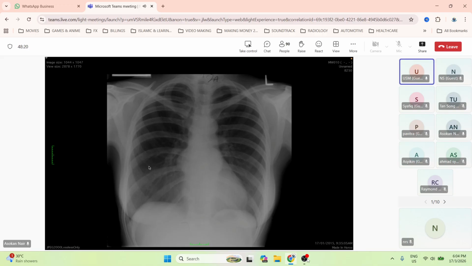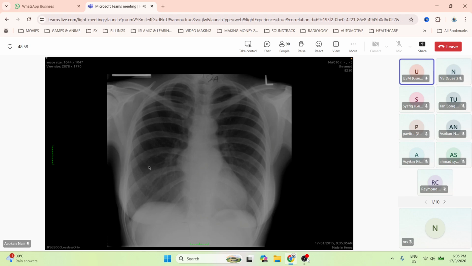There is no calcification within the lesion. The lungs bilaterally are relatively clear. There is no focal lesion within the lung itself. Reviewing the hidden areas, there is no other significant finding. The bones and the soft tissue are unremarkable.